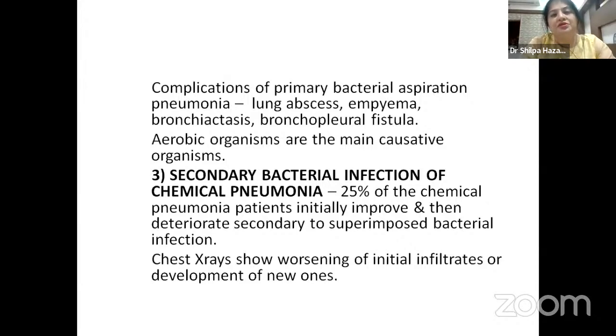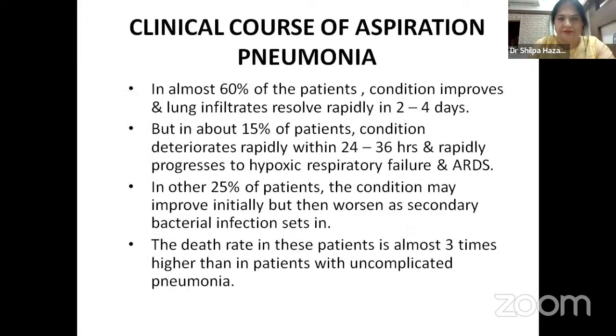Many times, immediately after aspiration, you may find a normal chest X-ray, but after 24 to 48 hours they may show infiltrates. Before 24 hours the X-ray may be normal, without any significant radiological findings. So if there is an aspiration, you should do an X-ray at least after 24 hours.